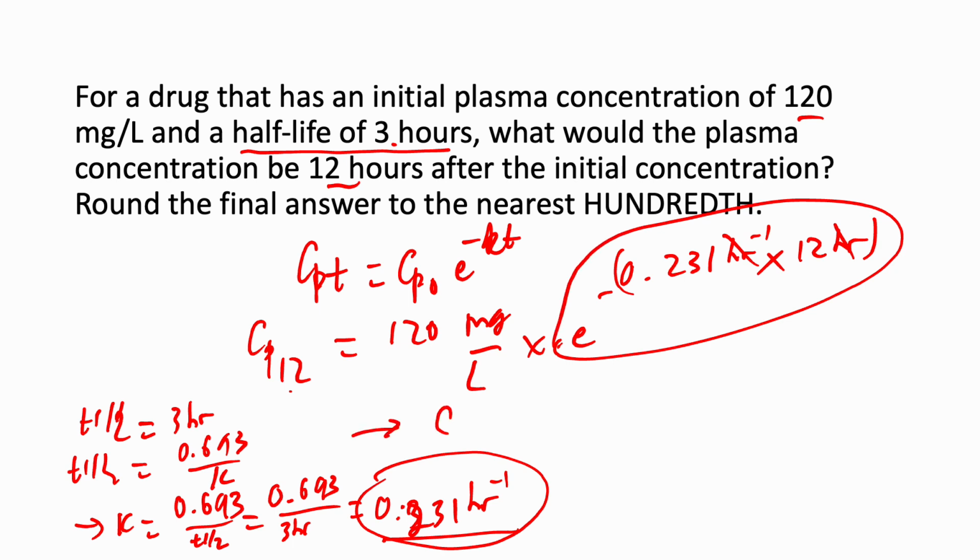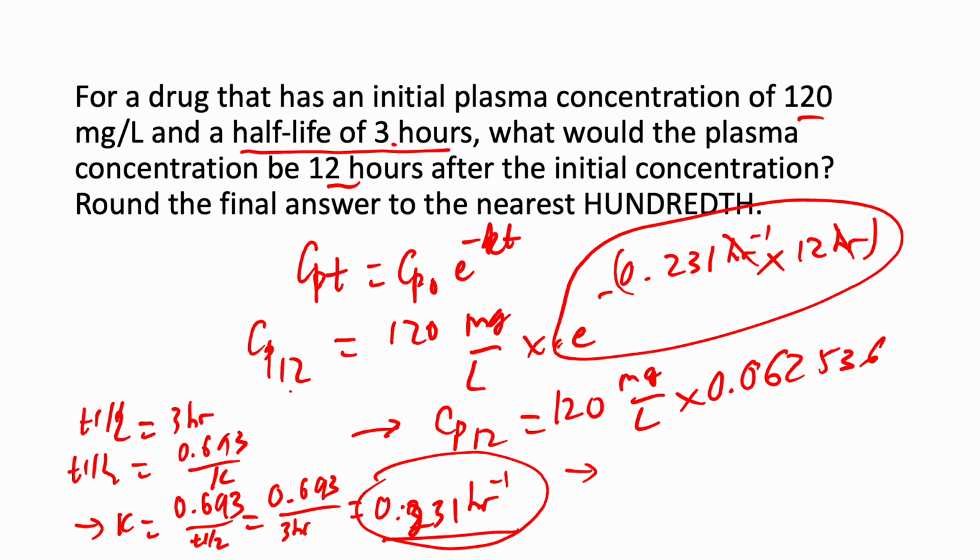Then I have Cp12 is equal to 120 milligram per liter times the value of the exponential here, which is 0.062536.